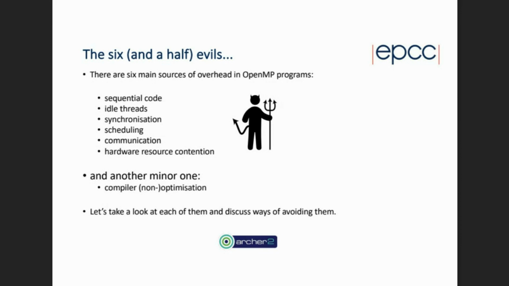We'll talk through each of those in turn. We've got sequential code, idle threads, synchronization, scheduling, communication, and hardware resource contention. And the 6.5 is to do with compiler optimization, which I'll mention at the end. Okay, so let's have a look at each of those.